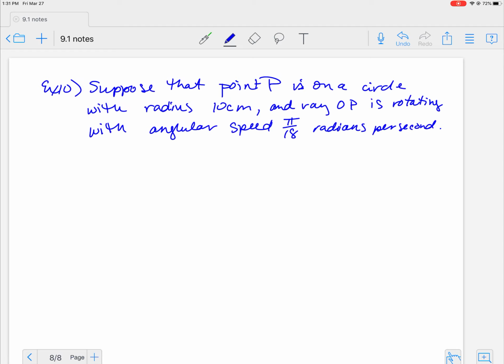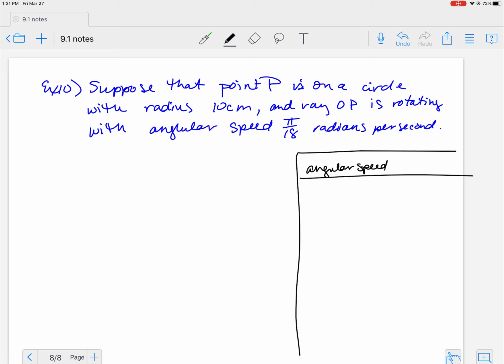Now, let's tap the brakes for just a second and make some connections. I know all my different formulas, so we can make connections between all of our different formulas as we work through this. So I'm going to come over here and make just this little chart.